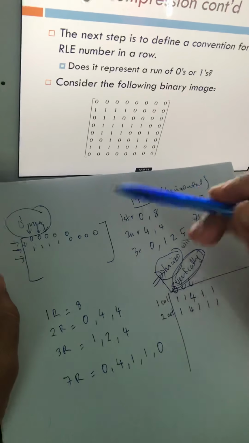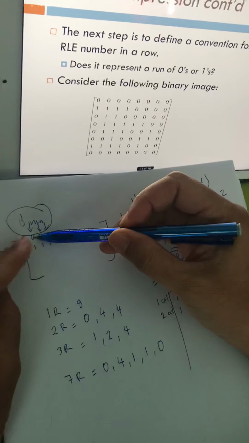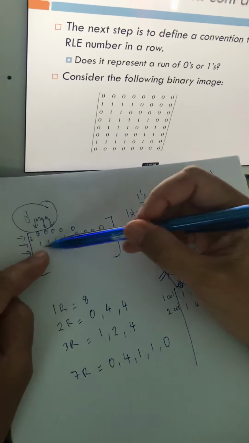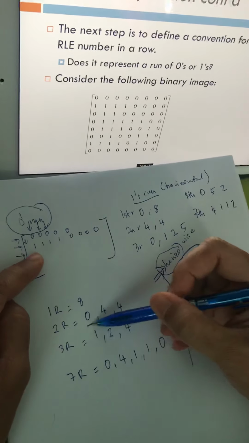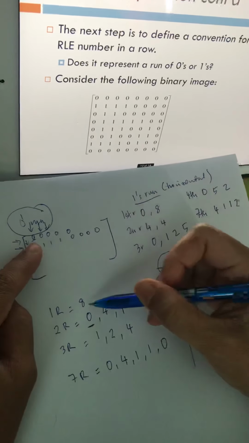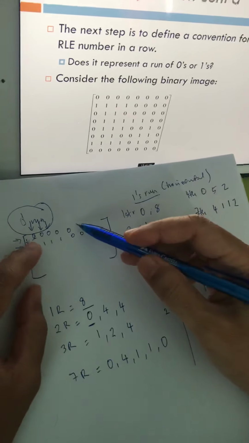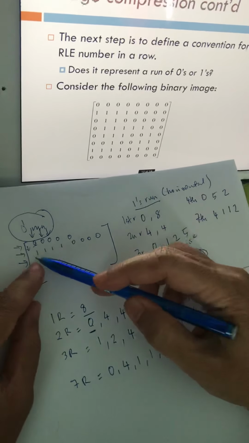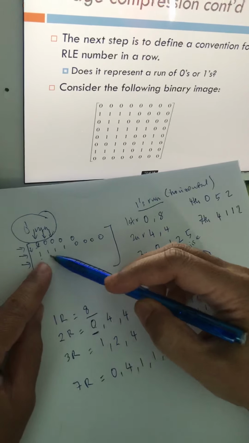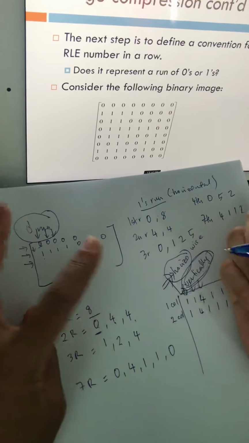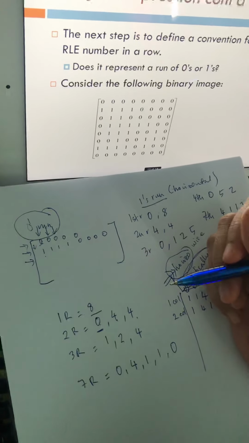If it is a 0 run, the first count has to be 0. If it is a 1 run, then you start with 0. If it starts with 0, then you just count how many 0. If it starts with 1, then the first will be 0, and then continue with the run of 1, 4, and the run of 4, 4. Okay, so that's all.